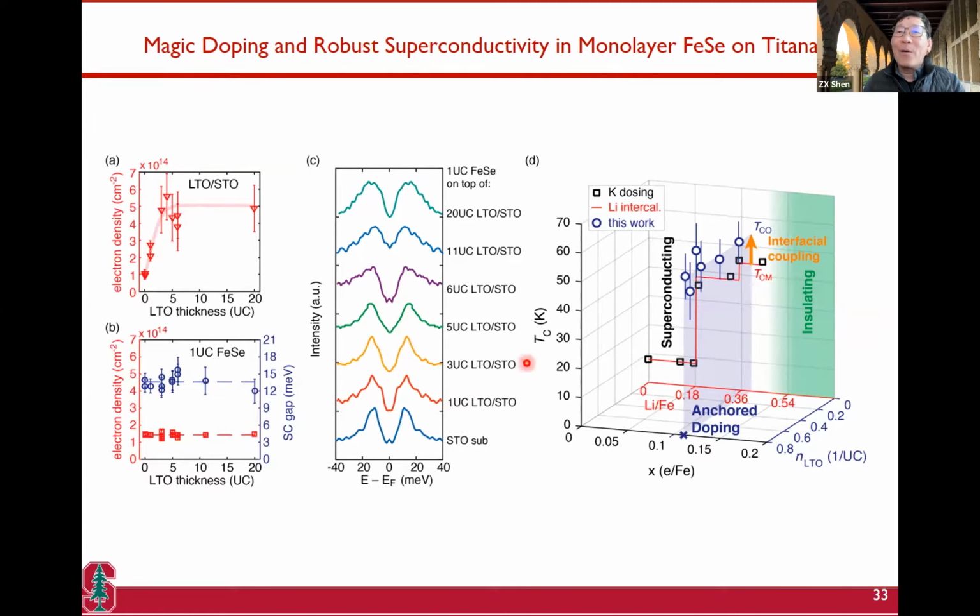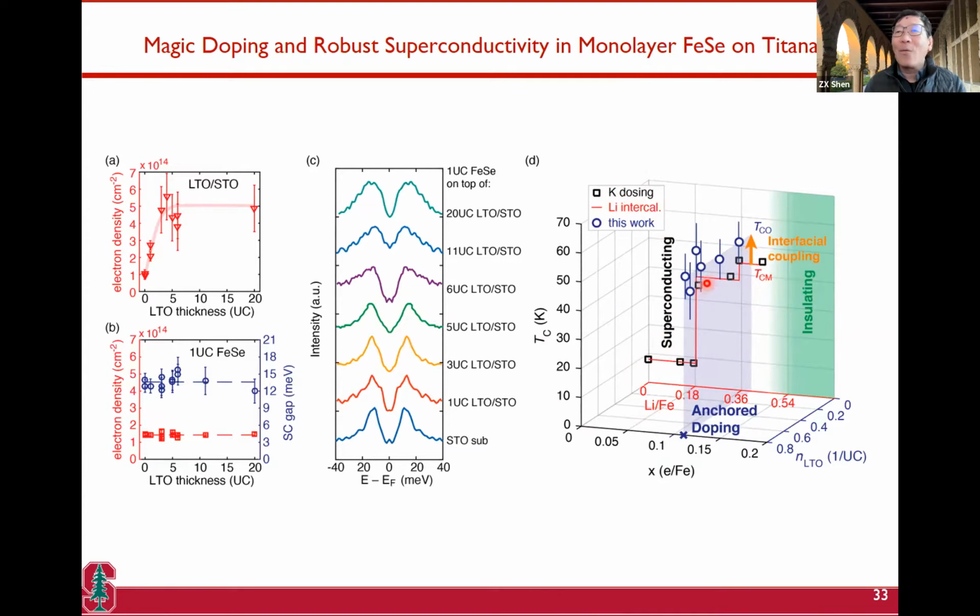Here we compare our work with some of the earlier work on potassium and lithium intercalation. You can see that in those intercalation works, they find the superconducting transition temperatures are actually discrete, either at this TC or this TC, and they have both potassium and lithium in this case.